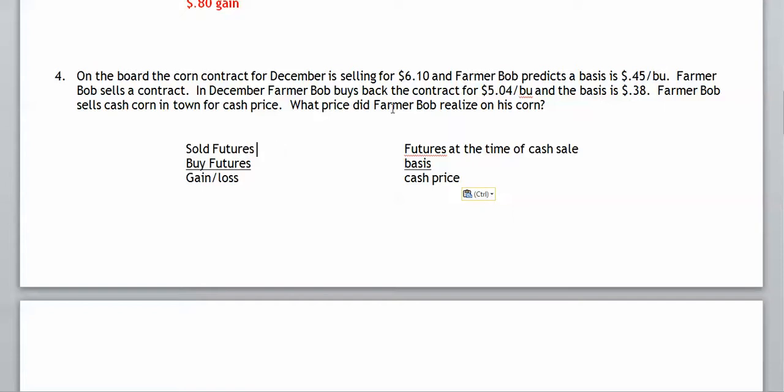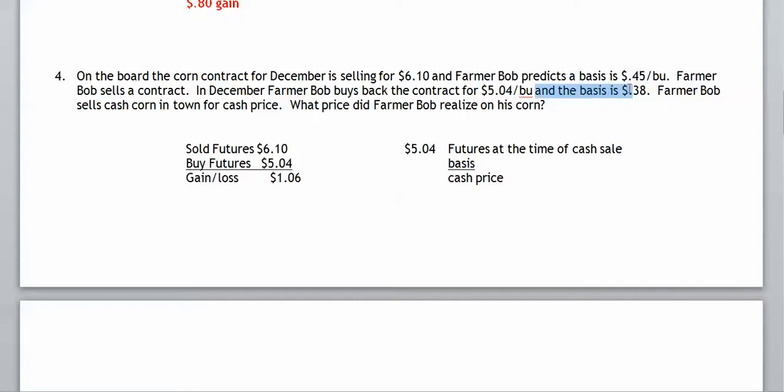Farmer Bob sells a contract, so we sell at 610. In December, Farmer Bob buys back the contract at 504. That's a gain of $1.06. Now, futures price at the time of cash sale is that 504.